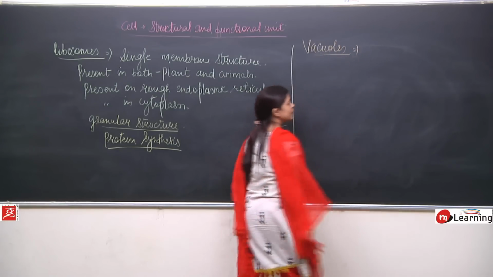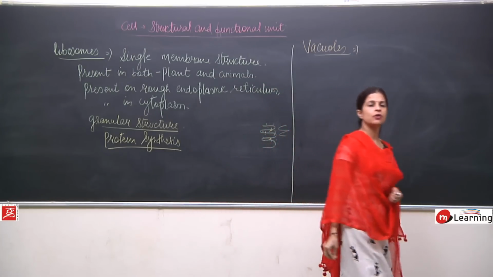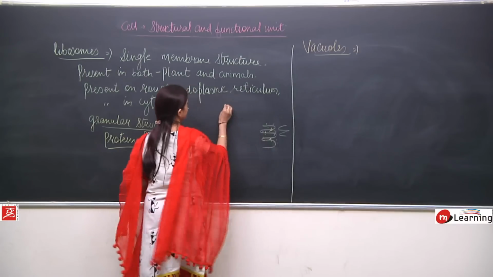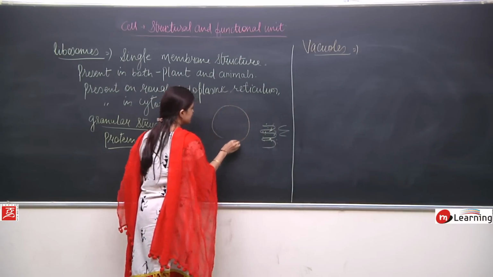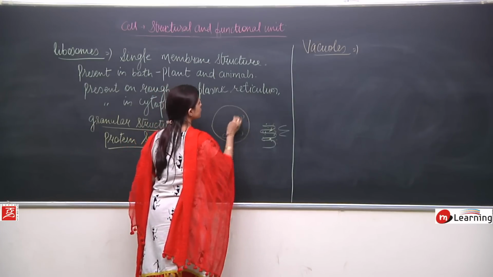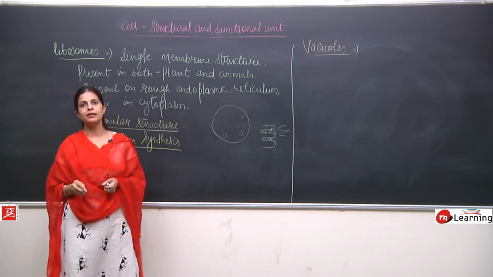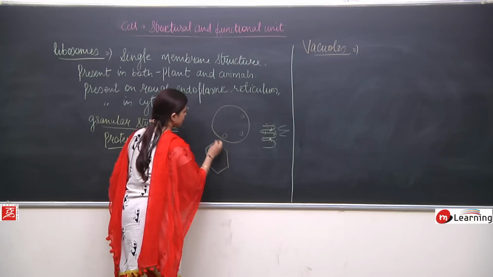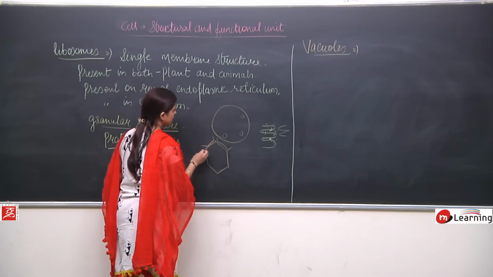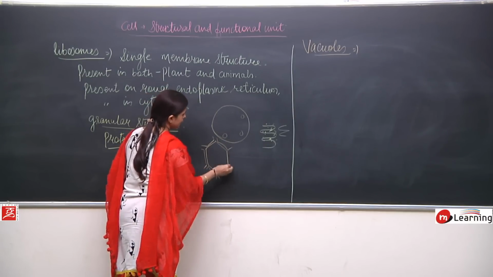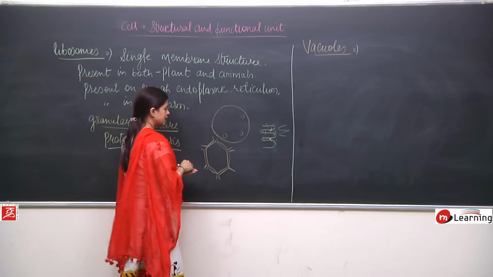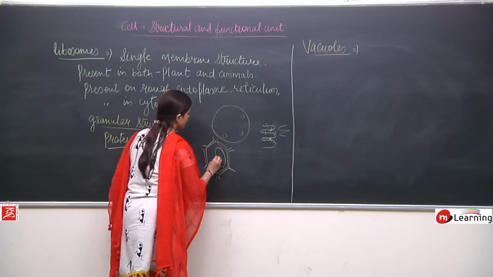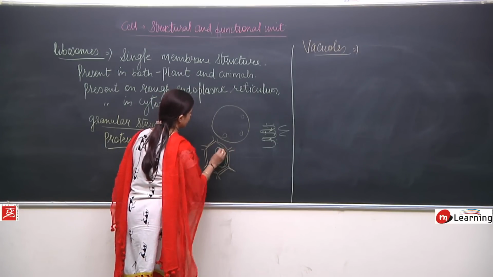We have studied while discussing the structure of the plant and the animal cell that in the animal cell, the vacuoles are very small and few in number, while in the plant cell the vacuole is very large and centrally located. I am not able to draw here because the space is not there.